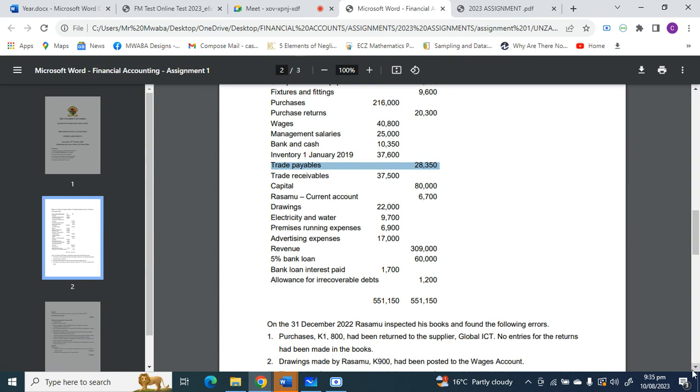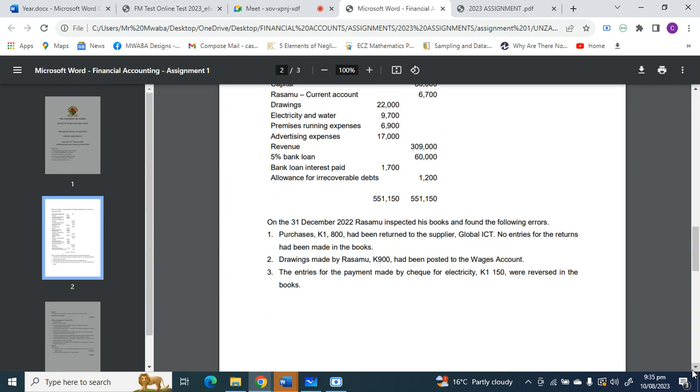Now, whenever you return goods to your supplier, that's called purchase returns. Does anyone remember the journal entry for purchase returns? The journal entry is you debit the payable. The payable is a liability, and a decrease in a liability is debited.